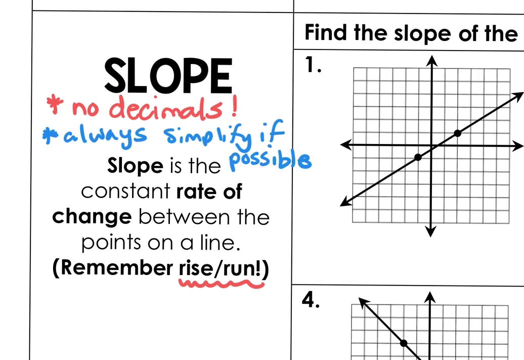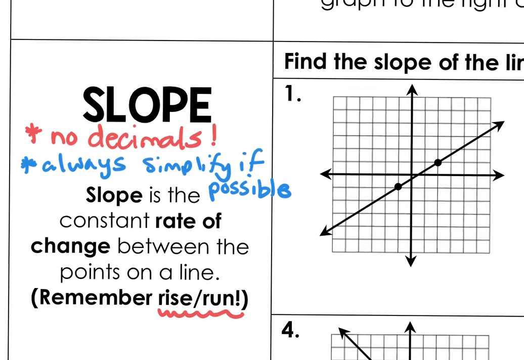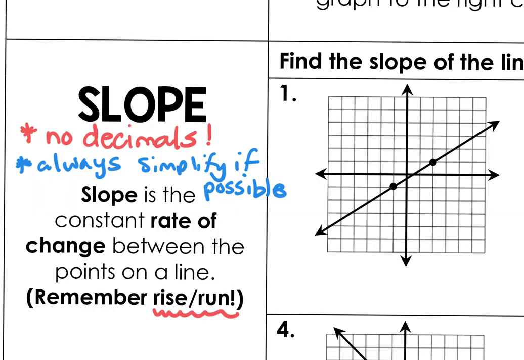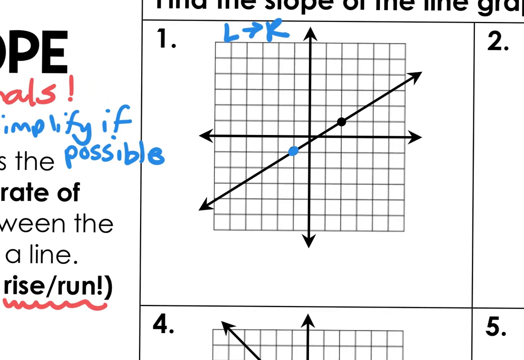So if I'm looking at number 1 here, I need to start left to right every single time. And so I'm going to start at this leftmost point, calculating my rise over my run. From this leftmost point, I have to travel to the right.